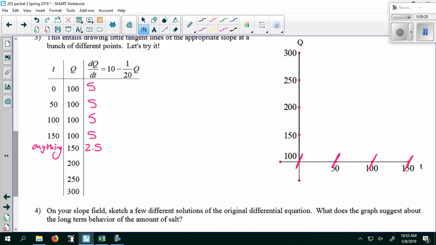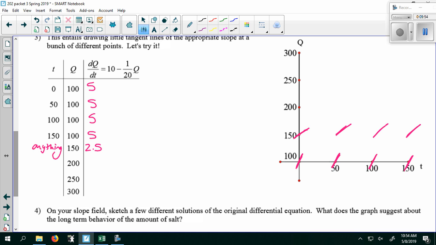So for all t's, when q is 150, I have a slope of 2.5, which is positive. It's going to be increasing, but less steep than the ones I drew at 100. So maybe like that. Little tangent lines that would be tangent to the solution curve.